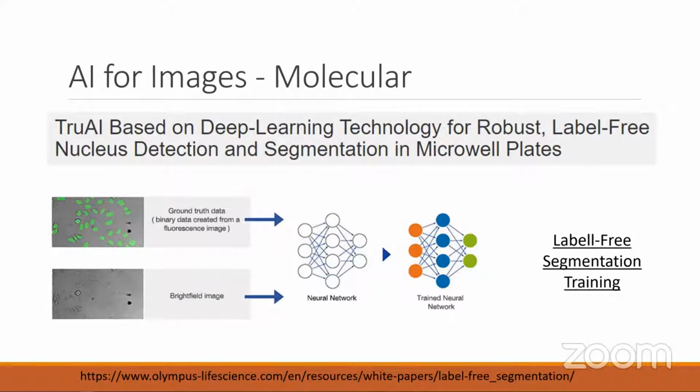They are applying here a slightly defocused image in the training data set, which might allow the neural network to better account for the small focus variation. The neural network in that case is trained with pairs of ground truth and brightfield images.